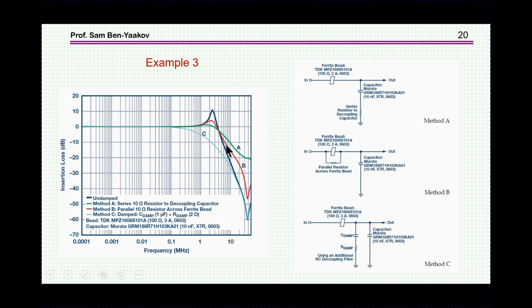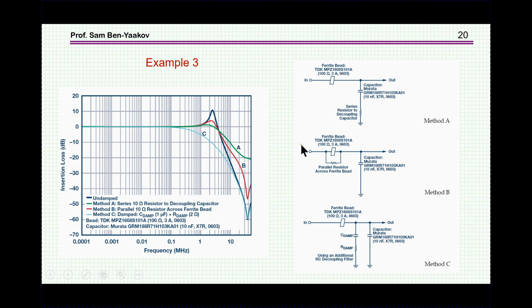And of course it depends on the bead. You could have chosen a bead which will have less of a hump here, and this is the whole story, that different beads behave differently.